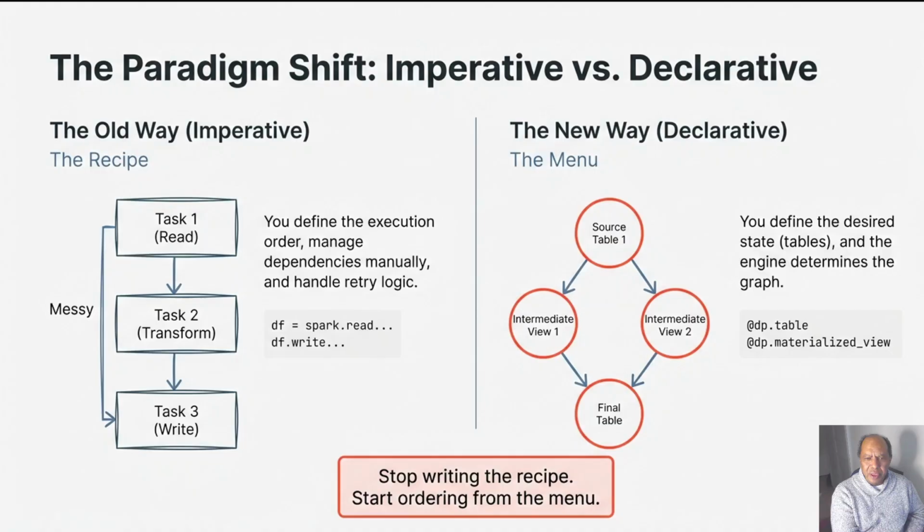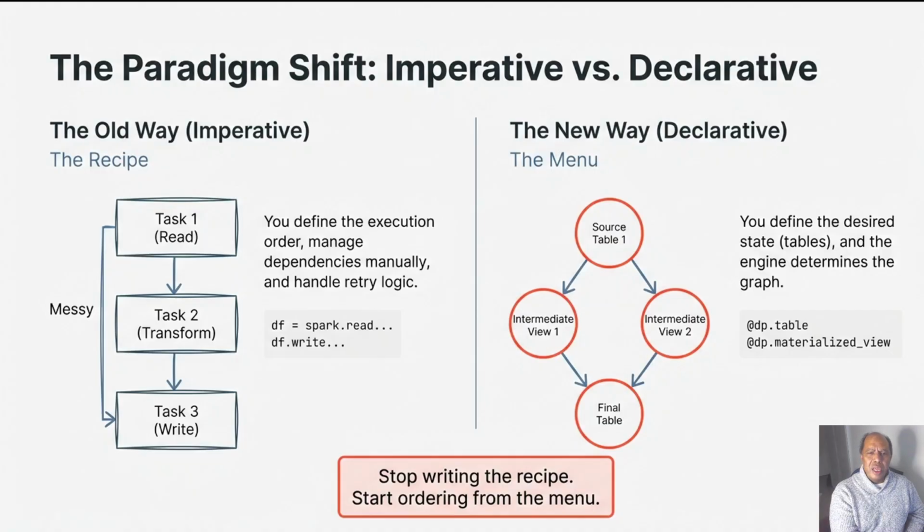Yeah. The problem is you are responsible for defining the execution order, managing dependencies manually, and handling retry logic, and dealing with all the complexity. Look at these messy arrows. That represents the tangled web of dependencies you have to manage yourself.